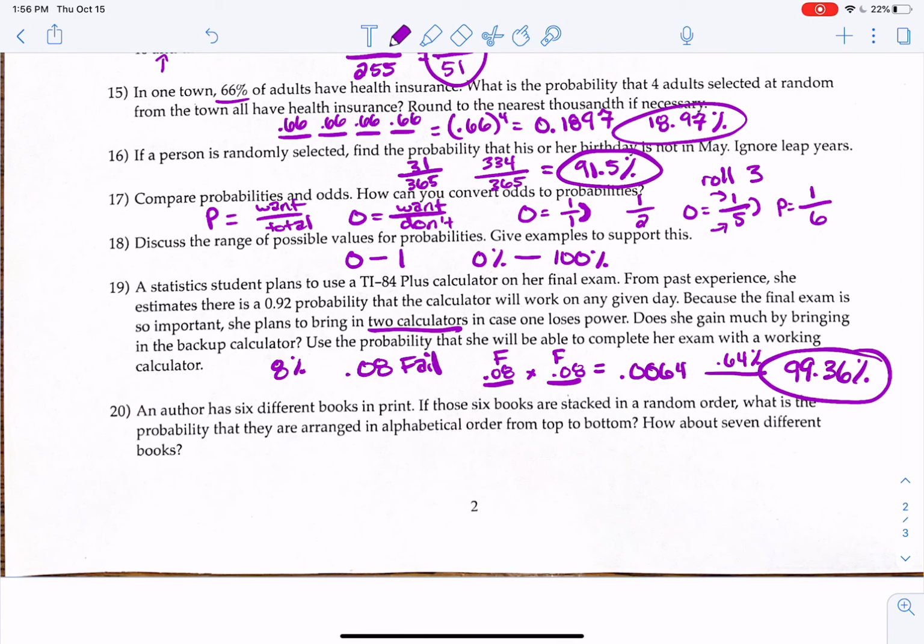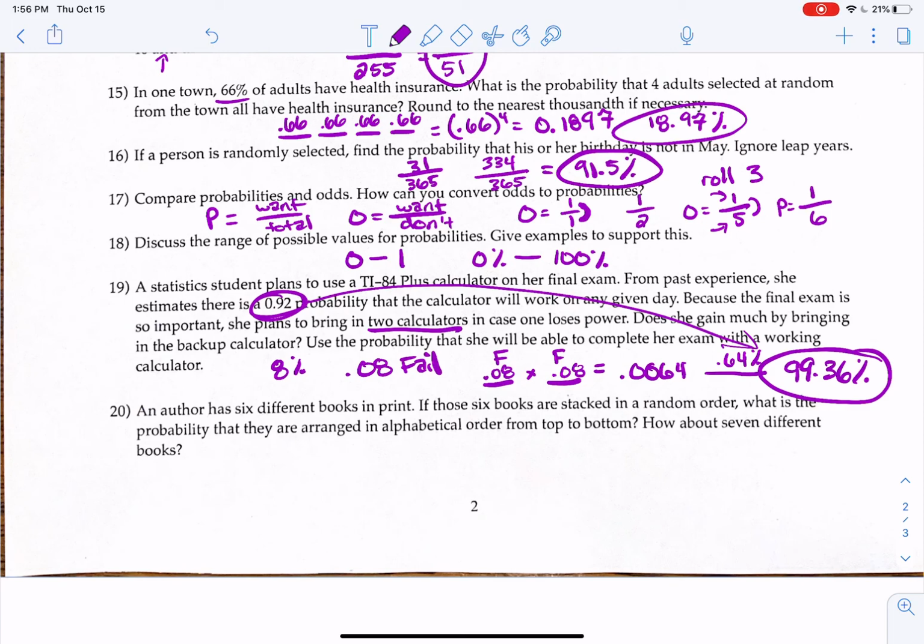So I bump my 92% chance up to a 99.36% chance of at least having one working calculator. So I would say yes. That does give you about 7% more chance that I'm going to have a working calculator, okay, if I bring two of them.